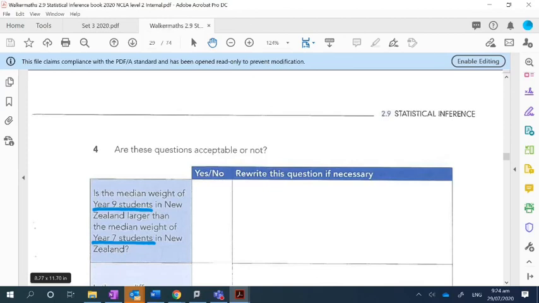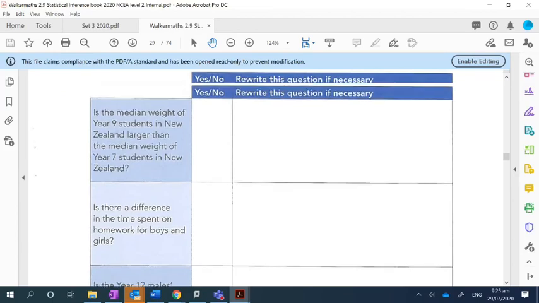Could you find the median weight for year 7 students? Could you get a numerical value for each one of those things? Yes. Then it's a perfectly good population to compare. And again, they mentioned median weight for both of them, and gave us, of course, our direction. So that is an example of a good question.